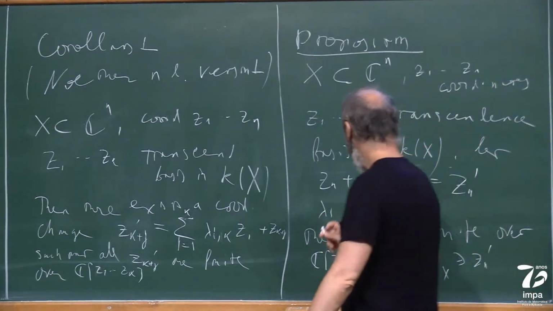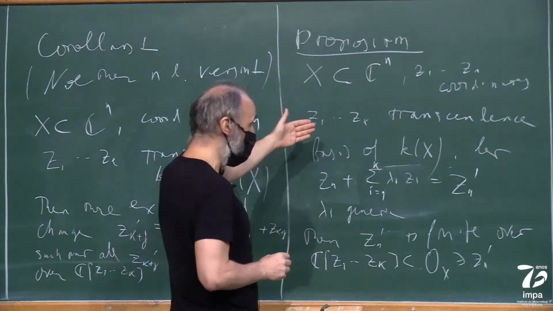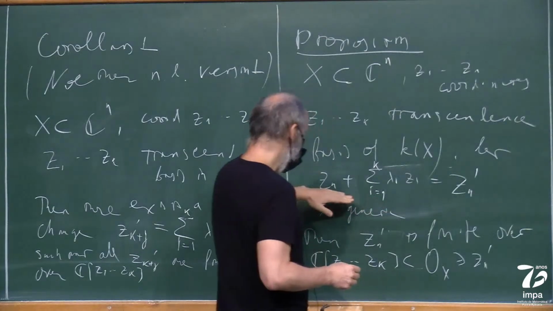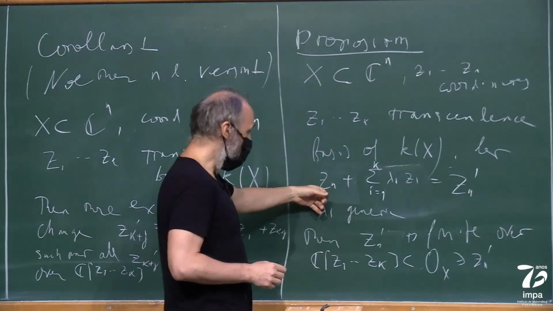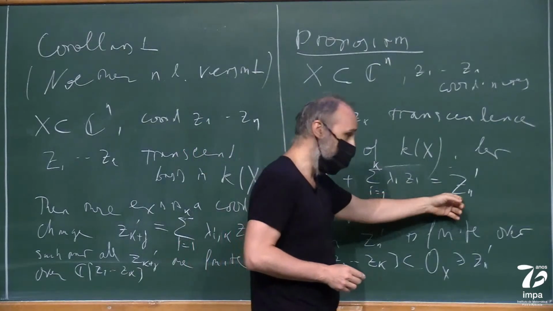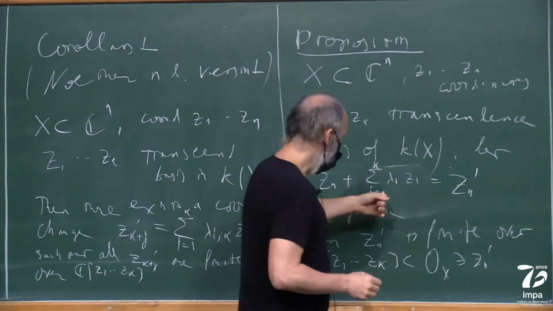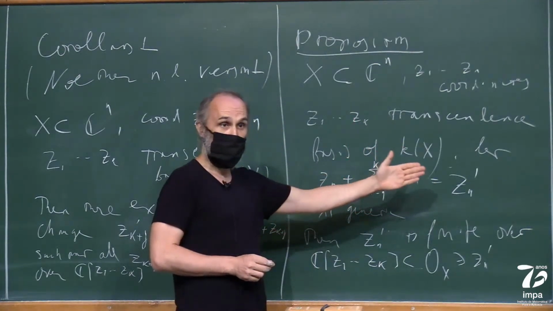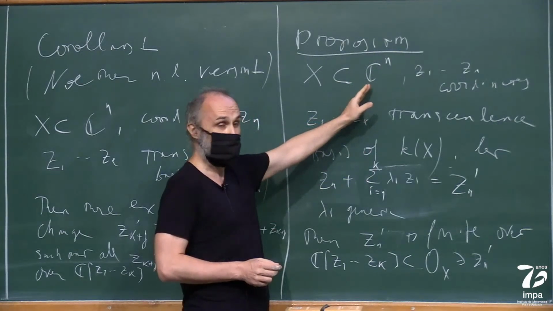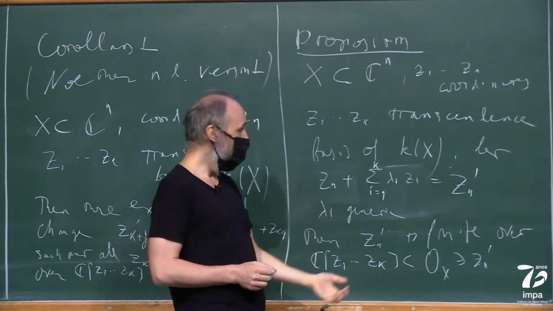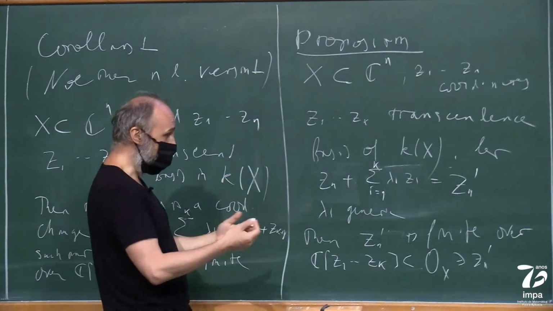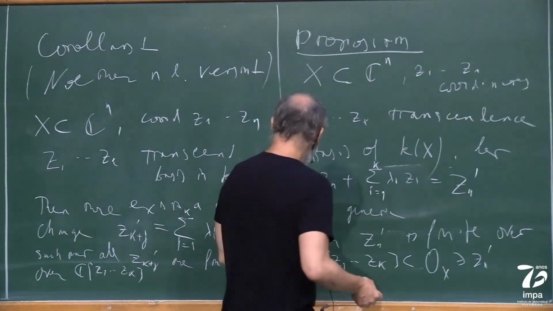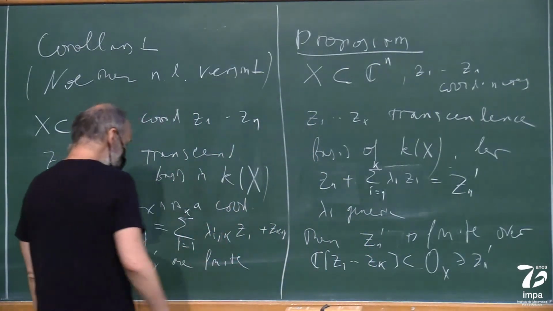So again, what we have from this proposition is that every coordinate will become finite over the first k coordinates if we modify this coordinate a little bit by adding lambda_i times the first coordinates. We can do it with all coordinates except the first k. We just take a linear change, and then the ring of all regular functions becomes finite over this.